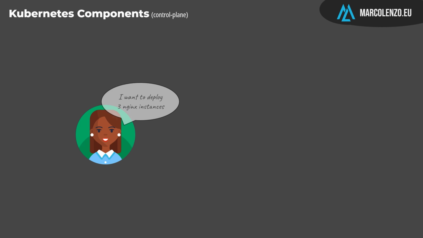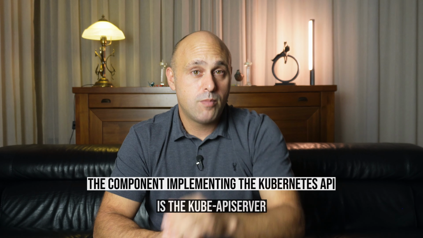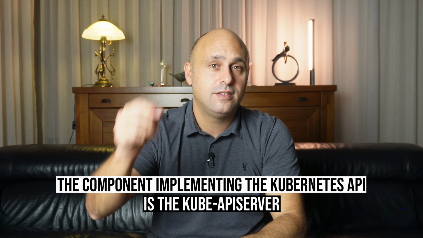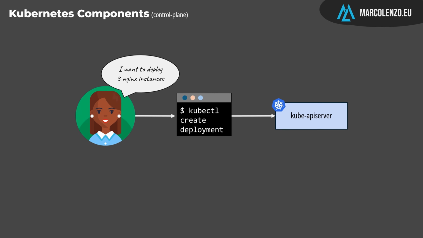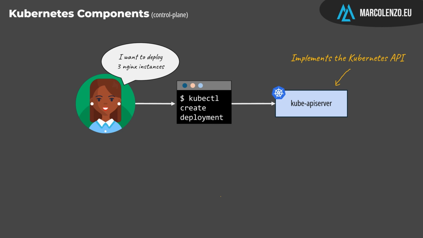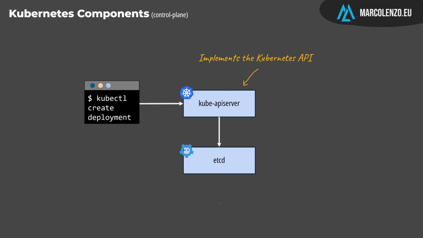When we execute kubectl, we're actually invoking the Kubernetes API on the control plane. The component implementing the API is the kube-apiserver. This is really a special component because it's the only one allowed to interact with the database, which is etcd, a consistent and highly available key value store.